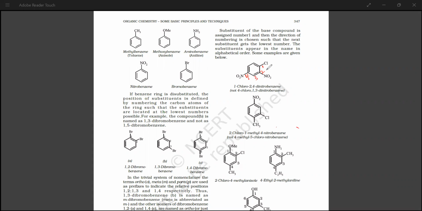What about this one? 1, 2, 3, 4. 2-chloro, 1-methyl, 4-nitro, benzene. C comes first now, so chloro. Then M, methyl, and then N, nitro. So alphabetically, 2-chloro, 1-methyl, 4-nitrobenzene. So this will be the IUPAC name of this compound.